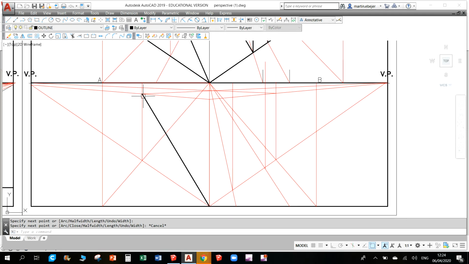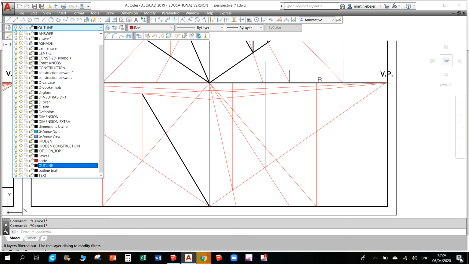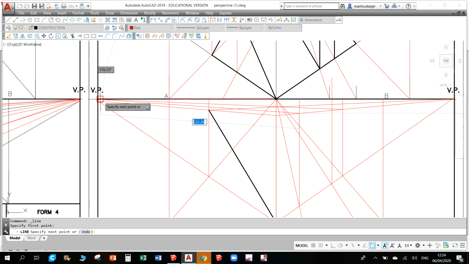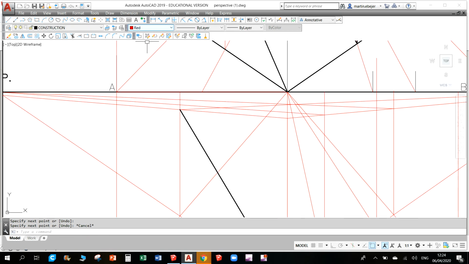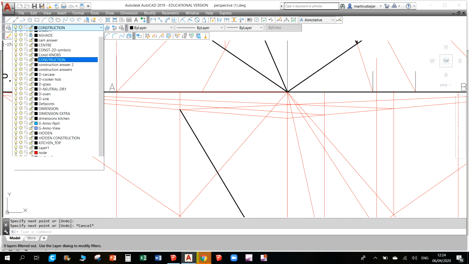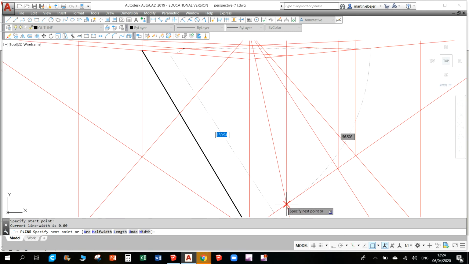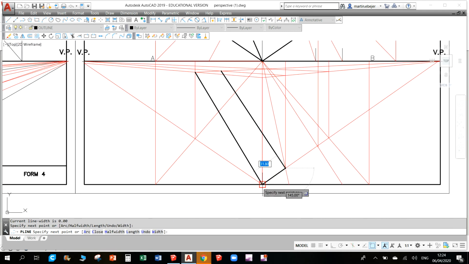Okay, to find this point at the back with the construction line, from this particular point we need to project to the vanishing point to find this particular corner over there. So with the outline I'm gonna join again from there till there, and I have the first slope in place.